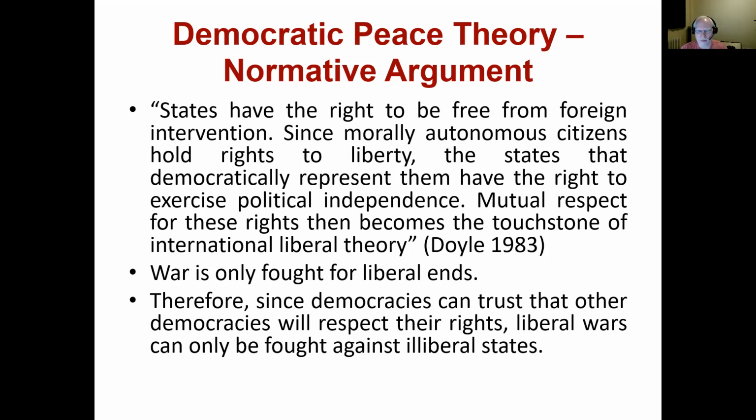You also end up with, not only do I not want to challenge the rights of or interfere with another state's exercise of its sovereignty because it's not right, I also believe that other democracies will believe that about me. So Canadians won't feel like it's appropriate to interfere in US politics, and we also trust that Americans will feel like it's not appropriate to interfere in Canadian politics.